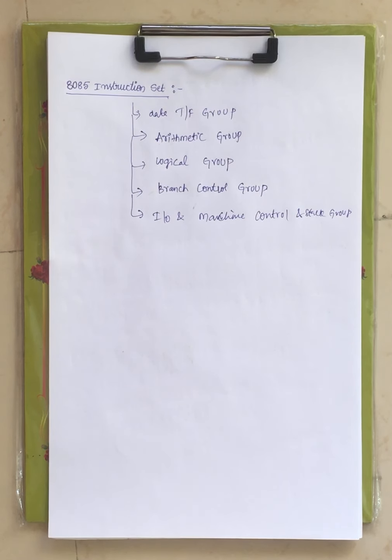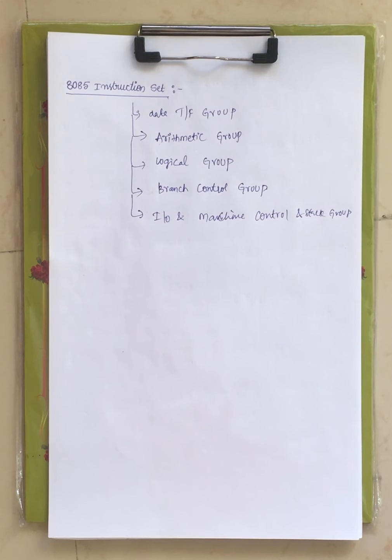Now we have seen what is meant by instruction. The instructions we are discussing are purely designed for 8085 only, and the instruction set of the 8085 is classified into 5 different types. One is the data transfer group, in which you can transfer data in between.